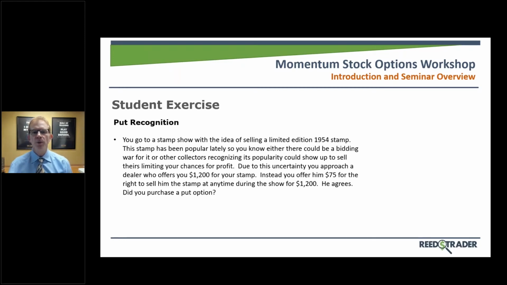Did you purchase a put option? Yes, you did. This is because you have the right to sell him the stamp at $1,200, but not the obligation. He has the obligation to buy it if you choose to sell it. He took on that obligation by accepting your $75.